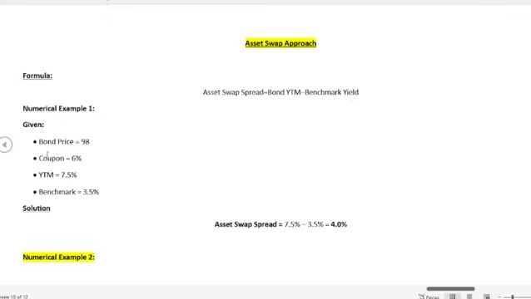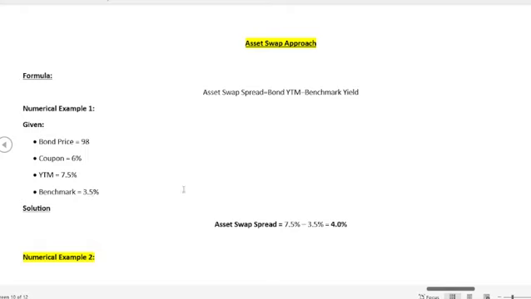Understand this formula. The bond price equals 95, coupon is 6%, YTM is 7.5%, and the benchmark, you can see over here, is 3.5%.